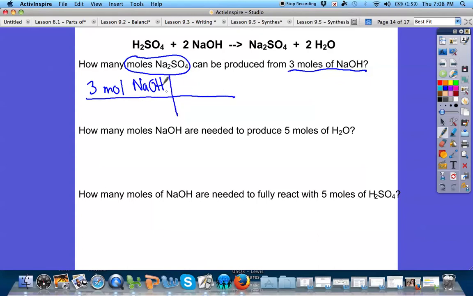And then we're going to take a look at our chemical equation. Well, we have 2 moles of sodium hydroxide in our chemical equation, and we have 1 mole of sodium sulfate.